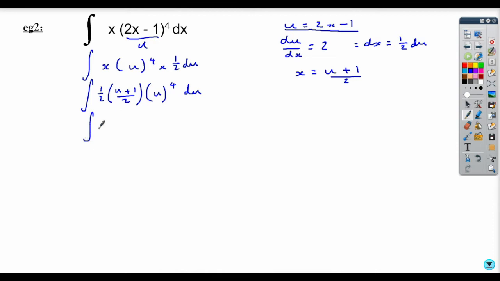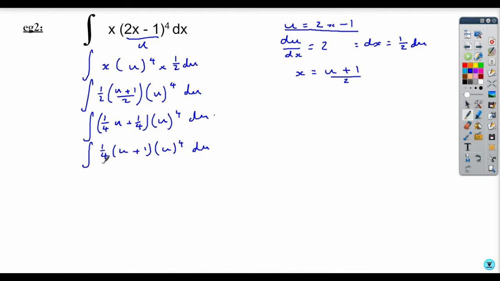So I'm going to end up now with 1/4 u plus 1/4, and then I'm going to times that by u to the 4. Once I've multiplied that out, I'm just going to take this 1/4 out here. So I've got 1/4, and then I've got u plus 1, just factoring out the quarter there, u to the 4, still with respect to u.